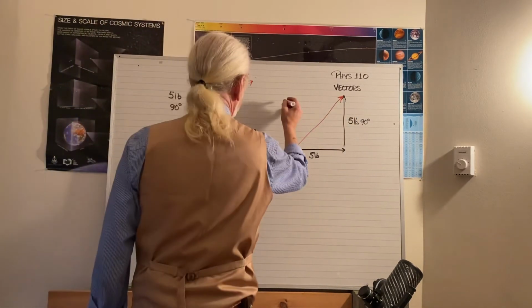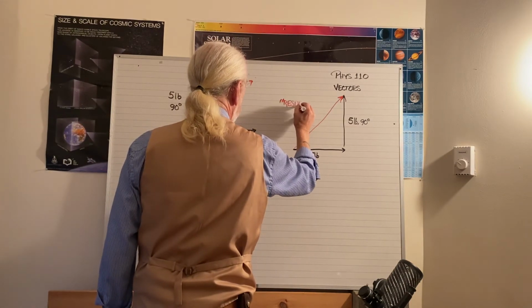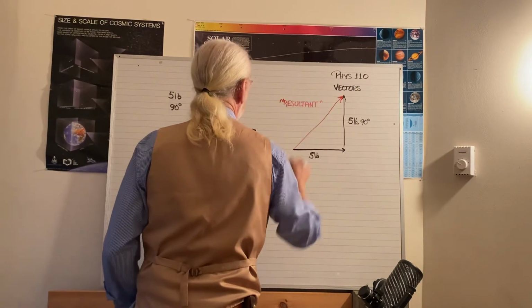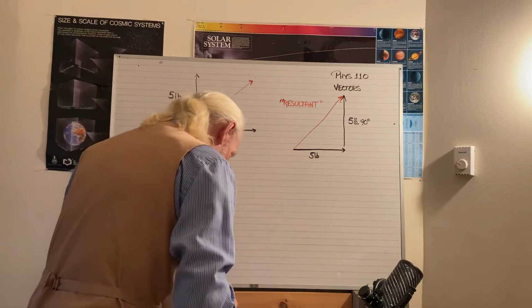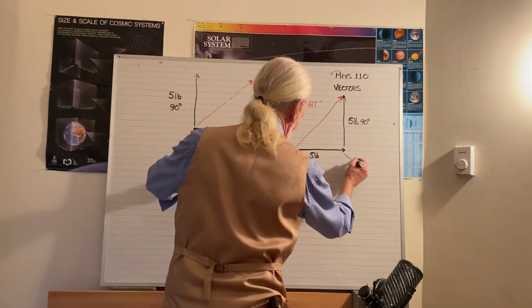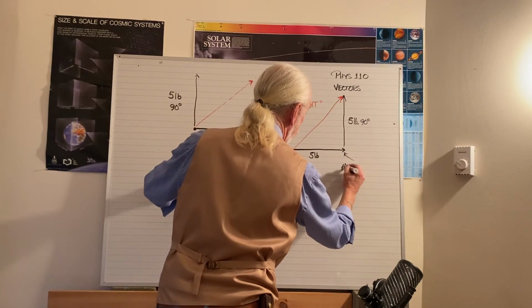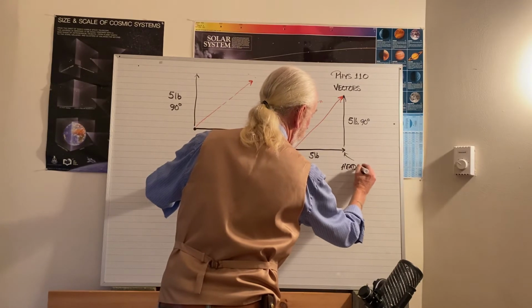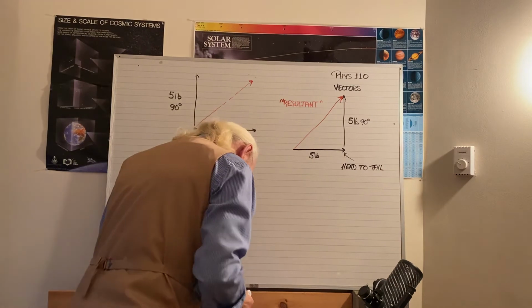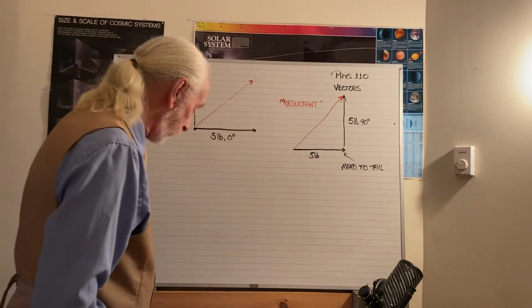That is called a resultant. This is called a head-to-tail schematic. Head to tail. All right, so the sum of these two vectors is called a resultant.